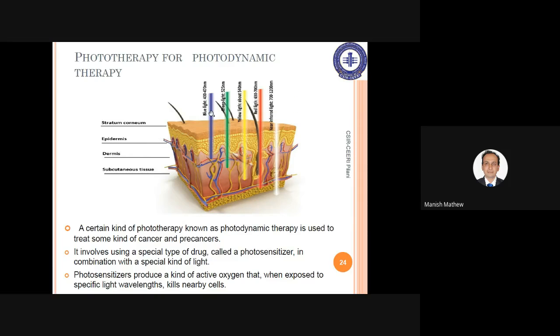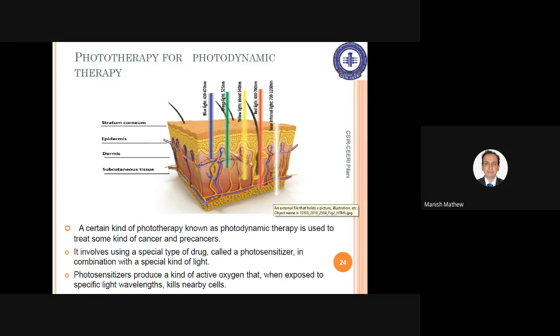So the blue light can go till the dermis, while the green light can penetrate below the dermis, and the yellow can just go till the tissue, and the red light can go beyond the tissue, and infrared can go further away.